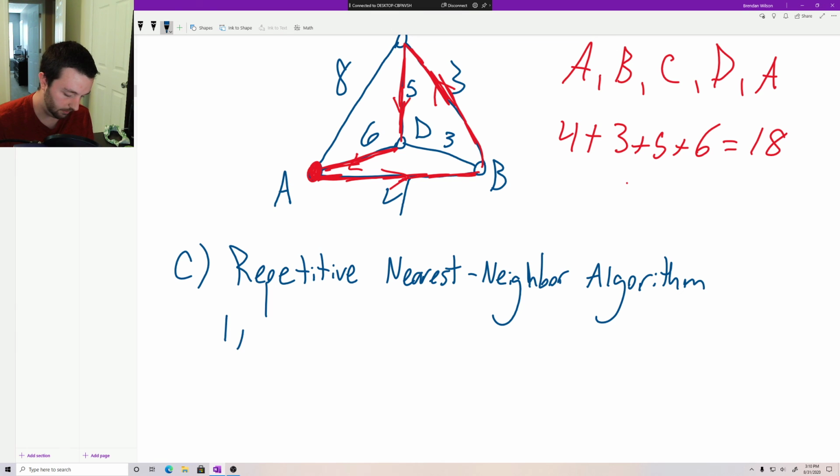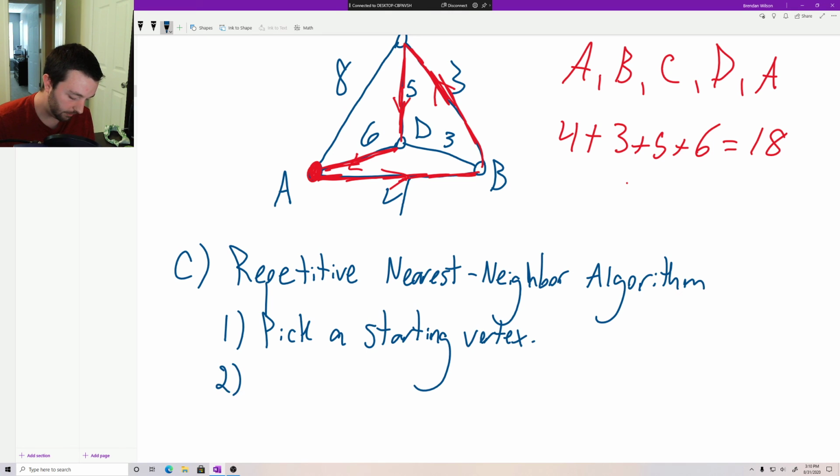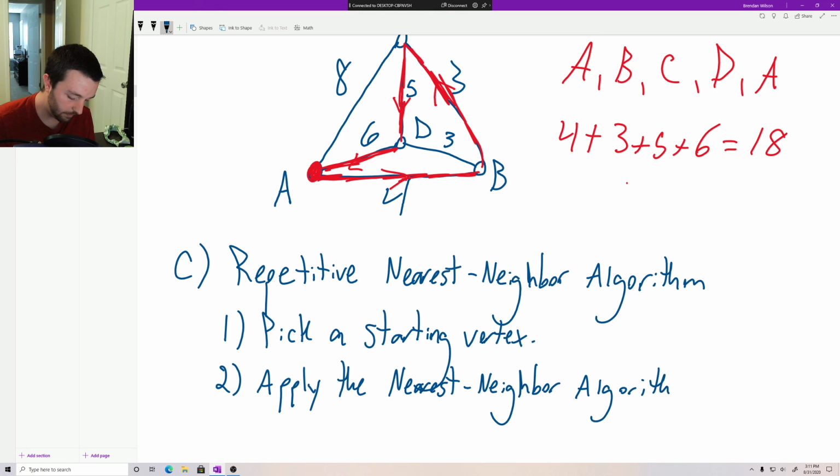Okay. So pick a starting vertex. Apply the nearest neighbor algorithm. Okay, so that was the last one we did.